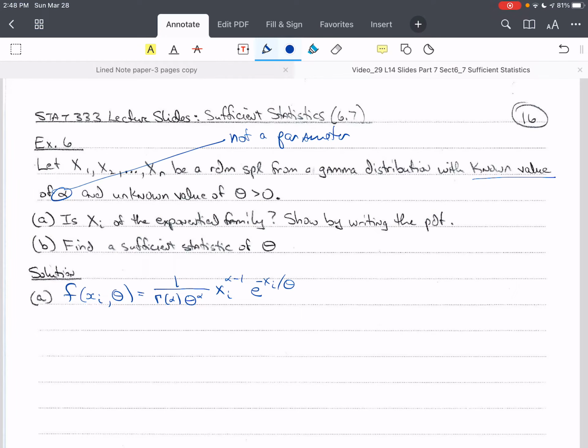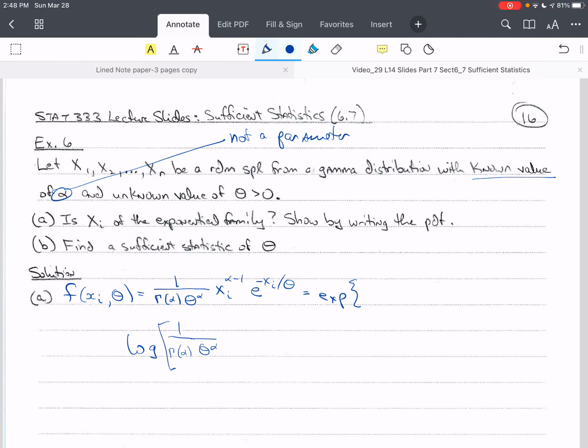Okay, so I can rewrite this as an exponent, exp. The first term, I need this as e to the log of this, so log of 1 over gamma alpha theta to the alpha.